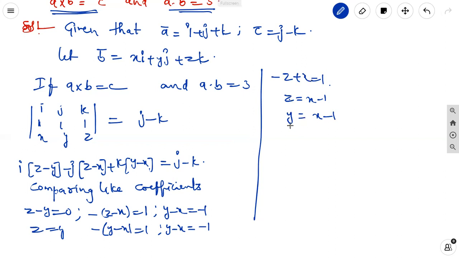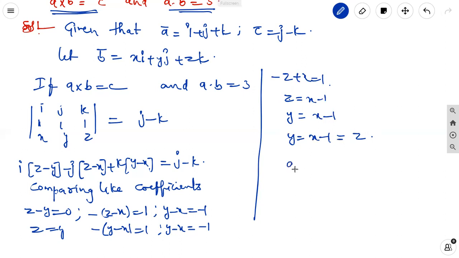Z equal to X minus 1, Y equal to X minus 1, both are the same values. Is it right? So Y is equal to X minus 1 equal to Z. This is the one relation.